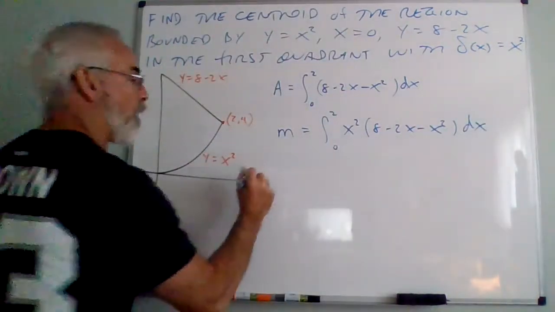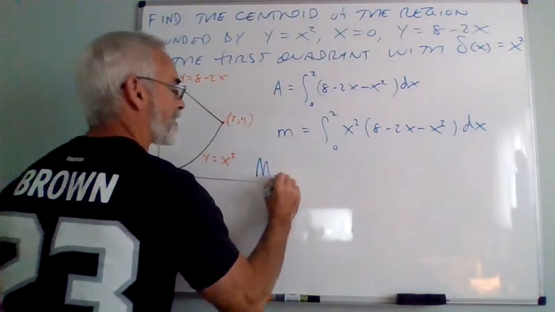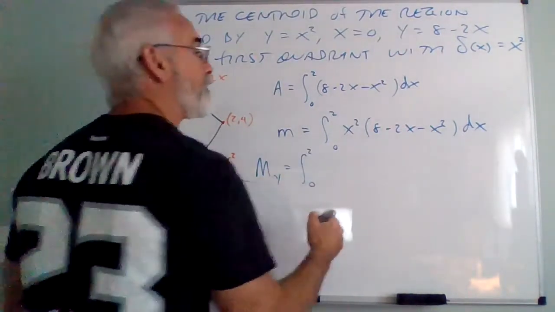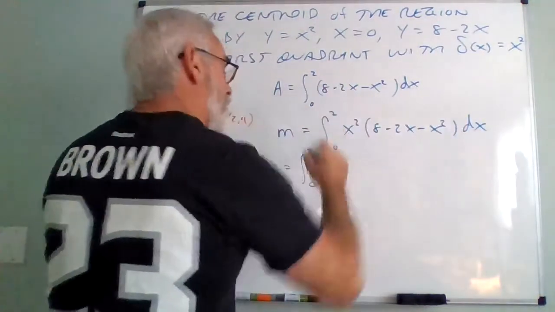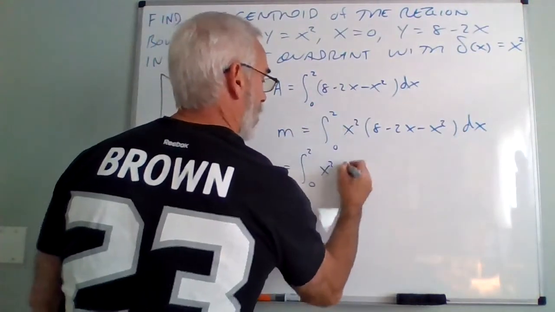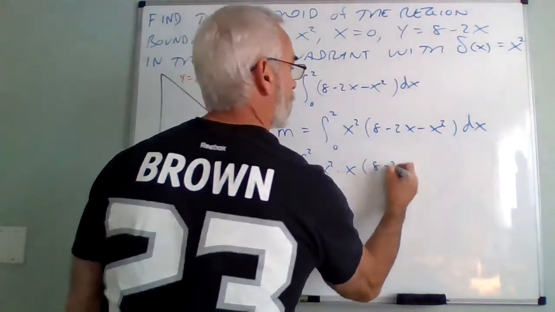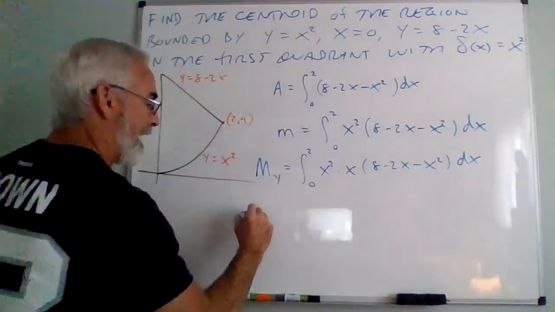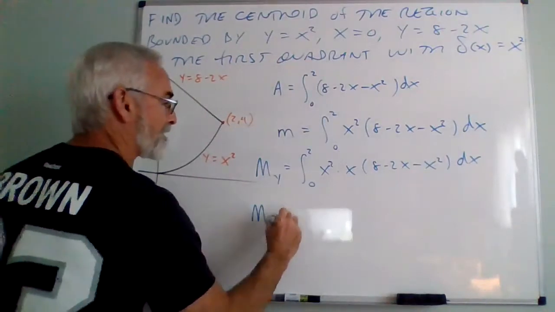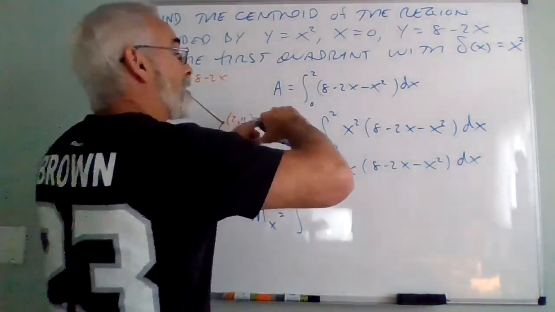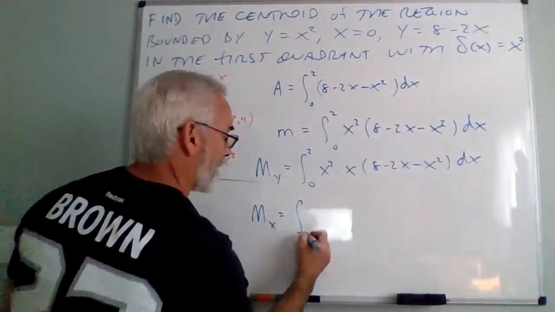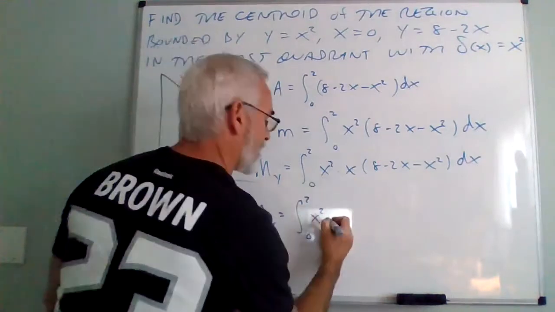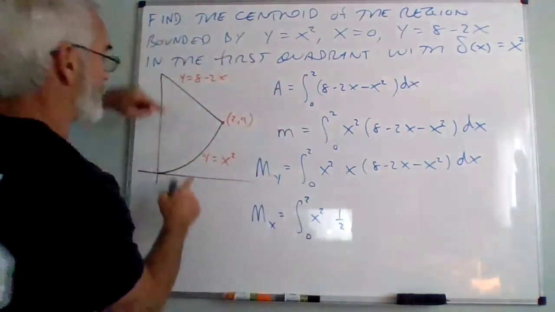The moment related to the y-axis, same integral, but multiplied by x. And finally, our moment related to the x-axis will be the same as this integral, again, but multiplied by the y distance, which is the average of these two.